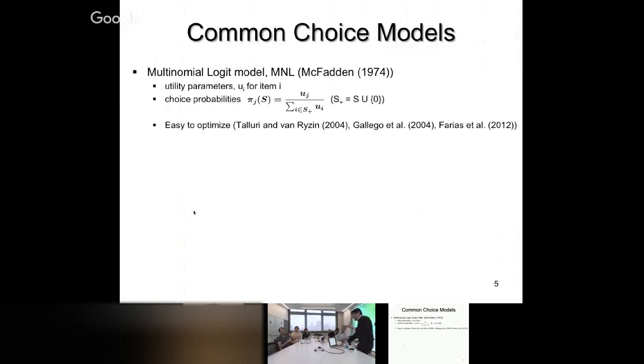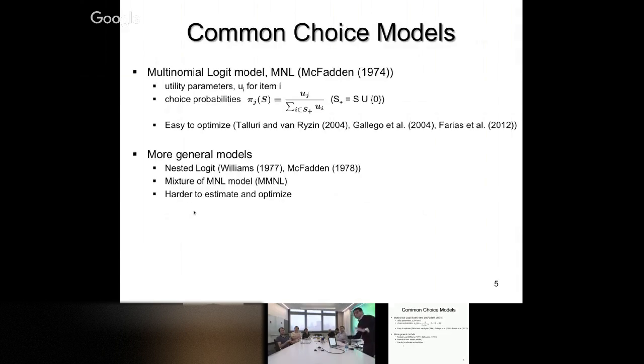So in particular, this slide explicitly shows these trade-offs. The multinomial logit model is the most widely used model in practice, which is essentially an extension of the logistic regression model. And a multinomial logit is an n-parameter model, one parameter for each product.